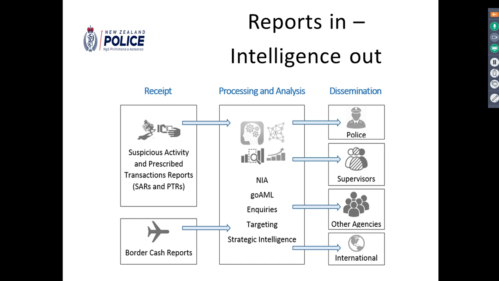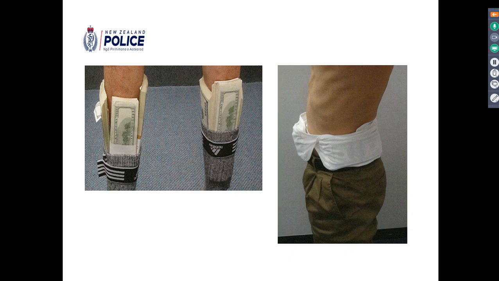Now this slide shows you what happens when somebody tries to bring cash into the country in an unorthodox manner and doesn't declare it. Look, it's okay to bring money into the country, you're allowed to do that, but you must declare it.